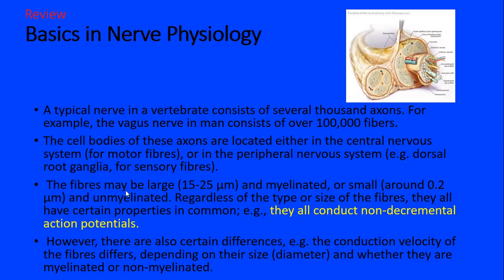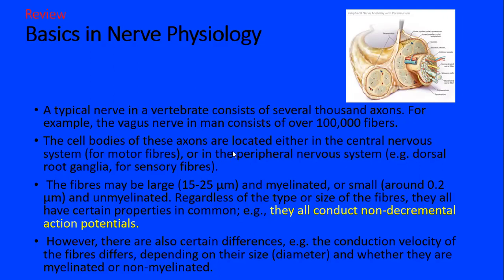Now, in most cases, and I think I mentioned that in the morning, the cell bodies of the axons will either be within the CNS. For instance, if you have a motor neuron, the one that is innervating your skeletal muscle, you'll find that the cell body will be located within the CNS.